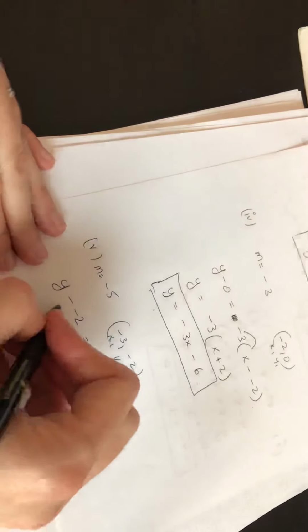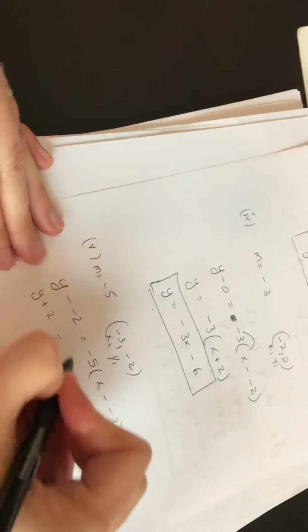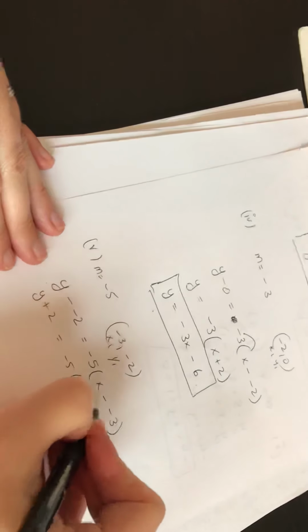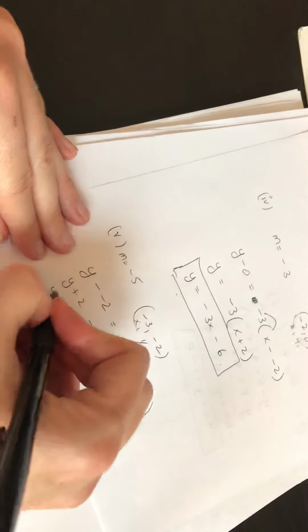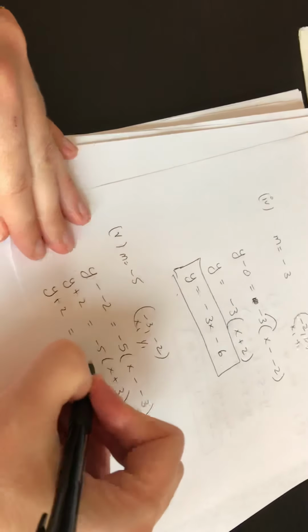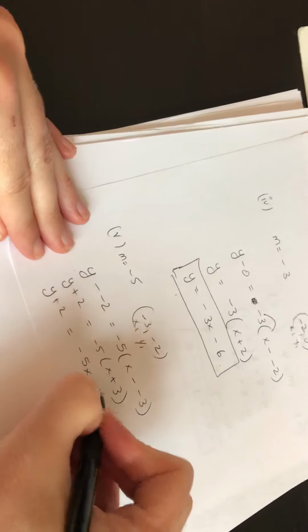It's got a few minuses there, so I'm going to clean that up. Y plus 2, I'm going to multiply out my bracket. So this is great practice for your basic algebra.